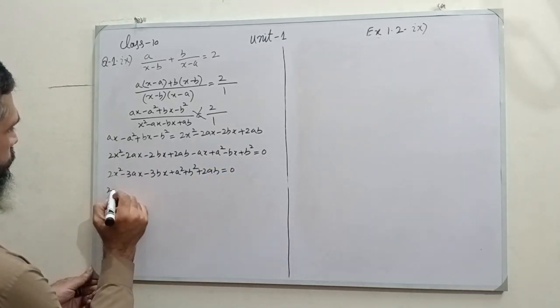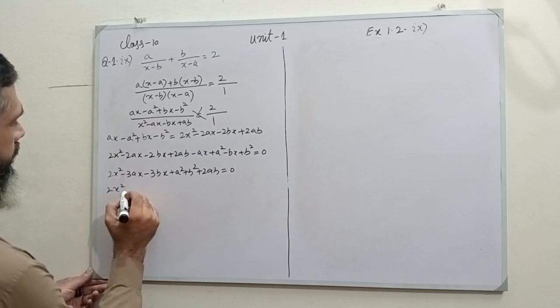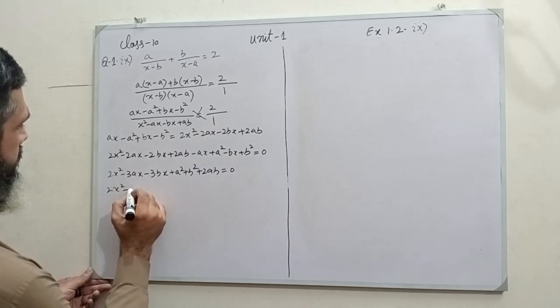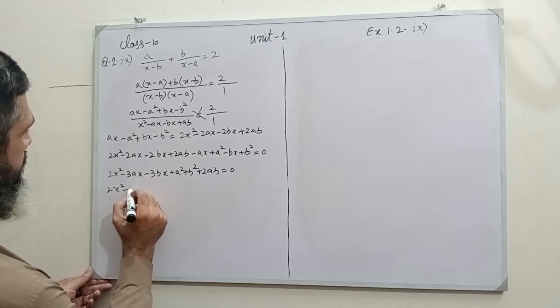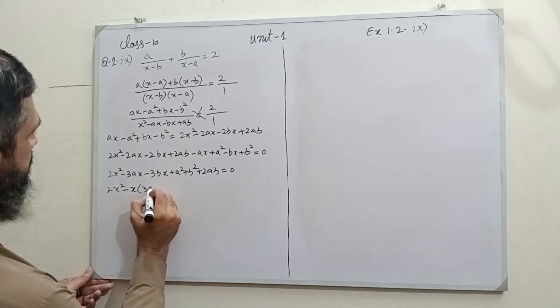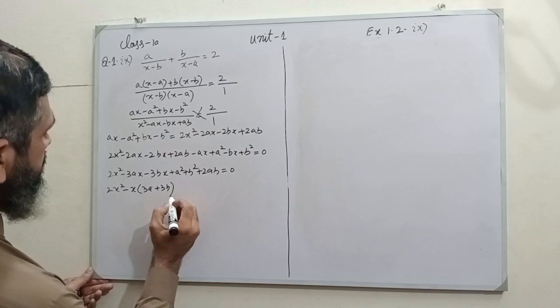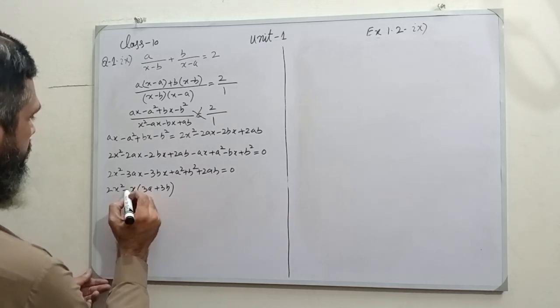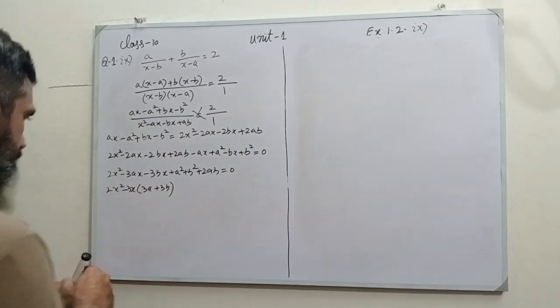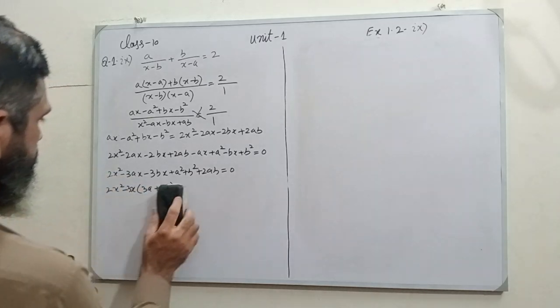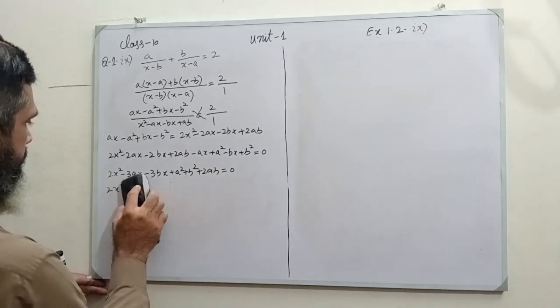So here 2x square will take common here minus x, so it will be 3a plus 3b, 3 also common, 3x will take the common.